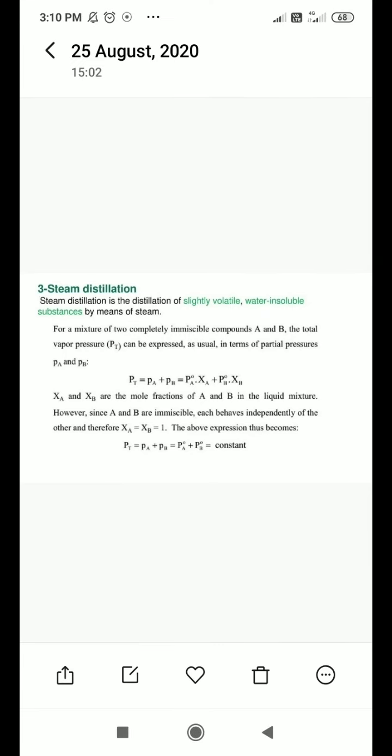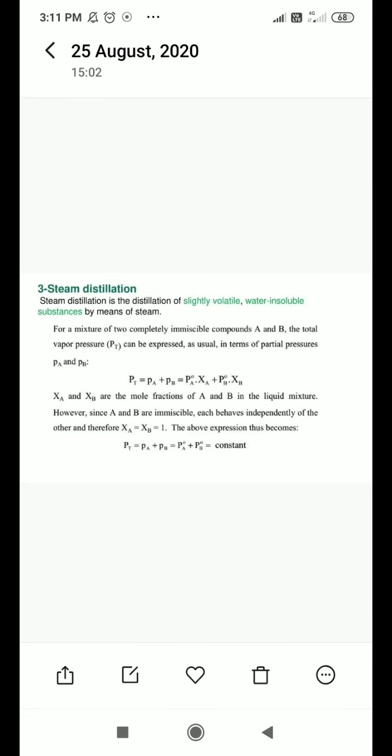For a mixture of two completely immiscible compounds A and B, the total vapor pressure can be expressed as usual in terms of partial pressures, represented by PA and PB.